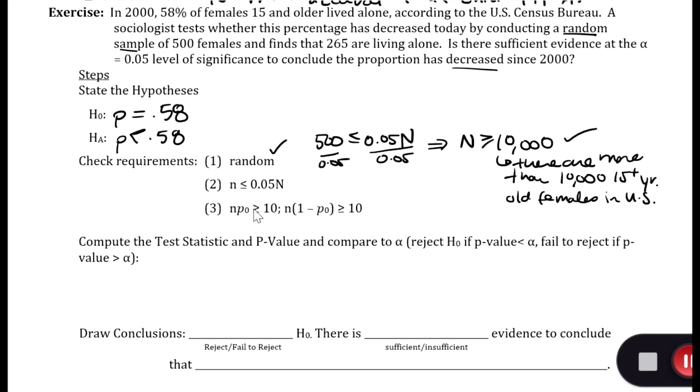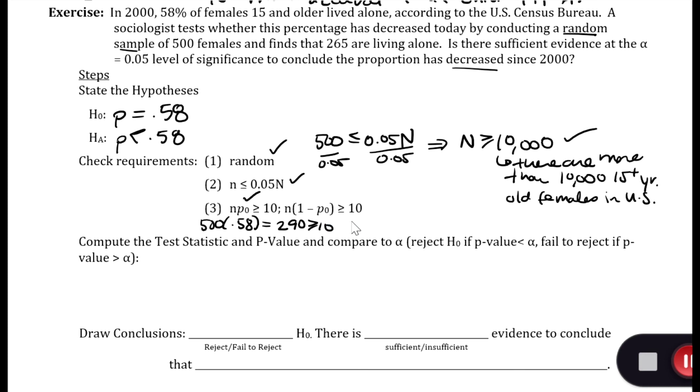Okay. This last criteria is that n, which in this case is 500, times p naught, which is our p in our null, so 0.58, has to be greater than or equal to 10. So 500 times 0.58 equals 290. And that's greater than or equal to 10, so that is satisfied.